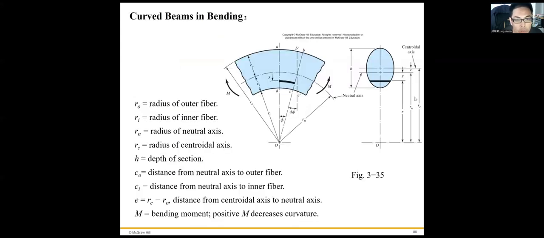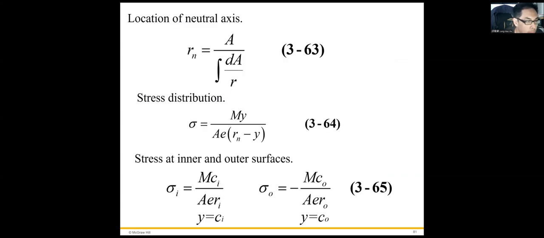Sorry, Rn minus y equals r. Okay, so this is the distance of these sections to the center of the radius of curvature.